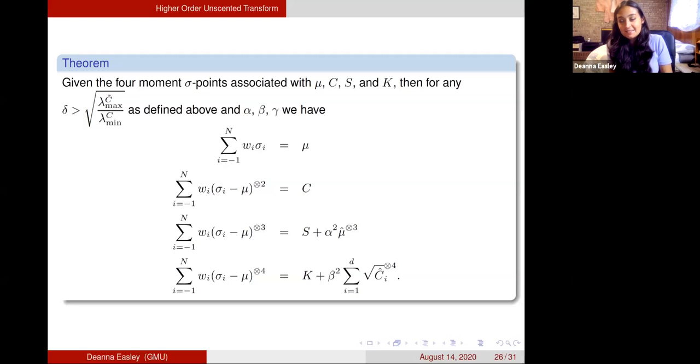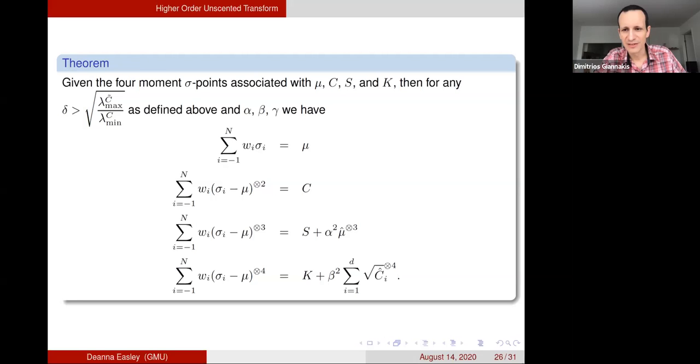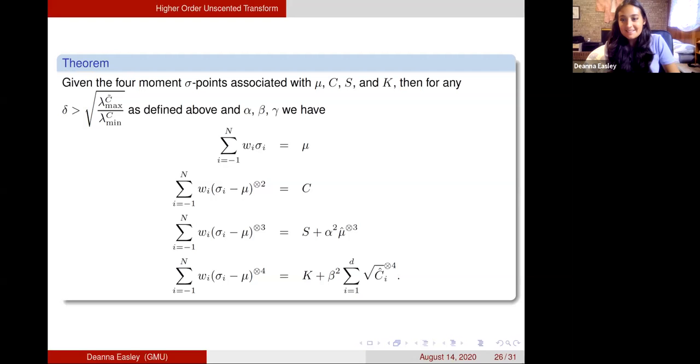Any other questions? I don't see anything. Maybe I have a last quick one. What are your plans for this now, in the context of a Kalman filter? Yes, exactly.